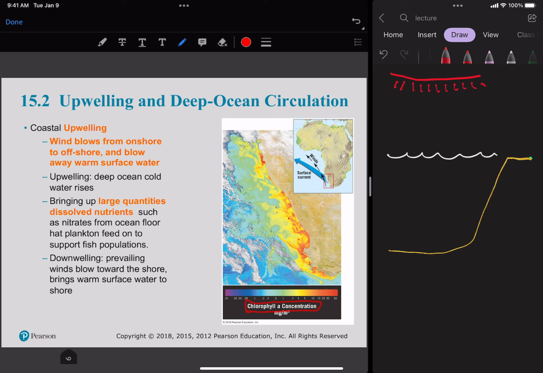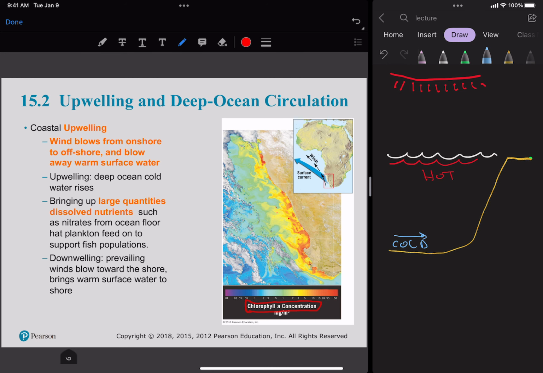And what the sun is going to do is heat up the surface of the ocean. So the ocean surface is going to be hot. And at the same time, the bottom of the ocean is going to be cold. So it's going to be full of cold water. And that's just what happens in general.